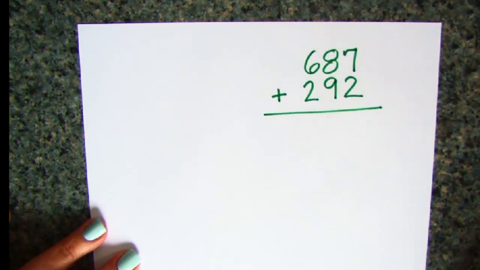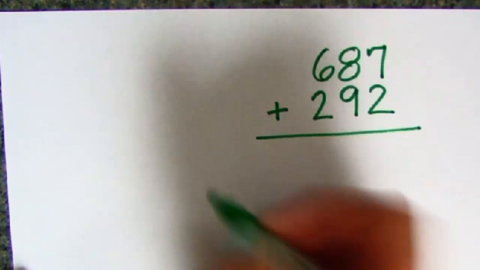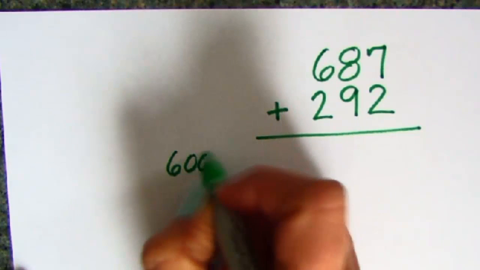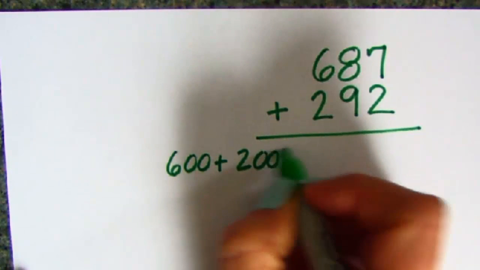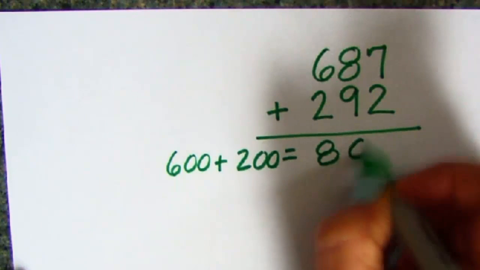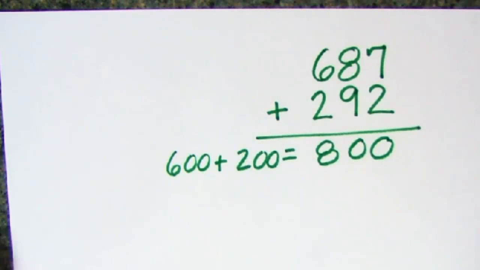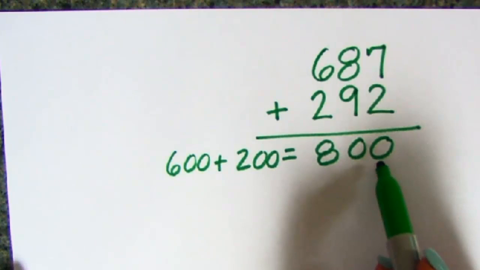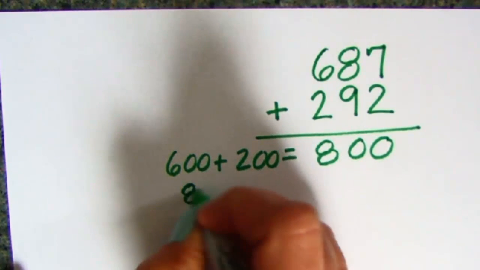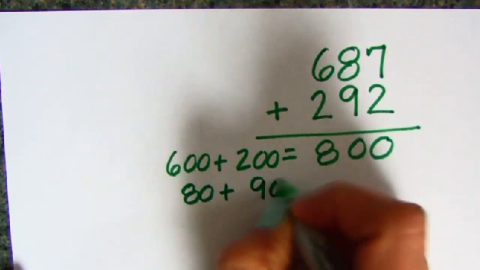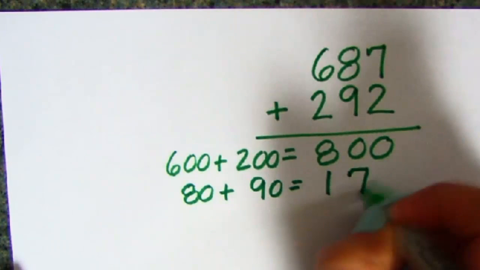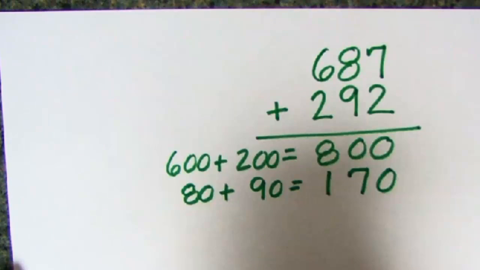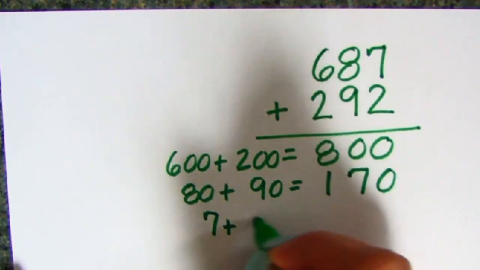So for our first partial sum, we have 600 plus 200, and that gives us our 800. This is to help your students know where these partial sums come from. Our next partial sum is 80 plus 90, and our last partial sum is 7 plus 2.